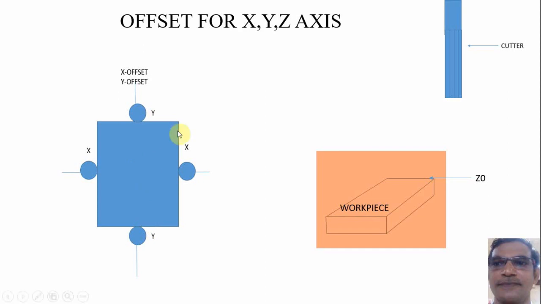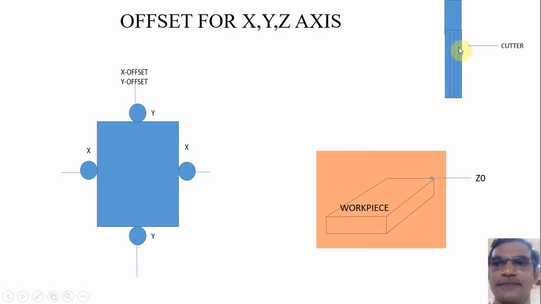And one more thing, how to take Z offset. X and Y is over. For Z offset, bring down the cutter to touch on the work surface.